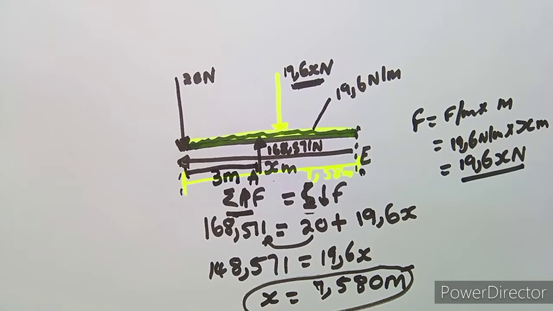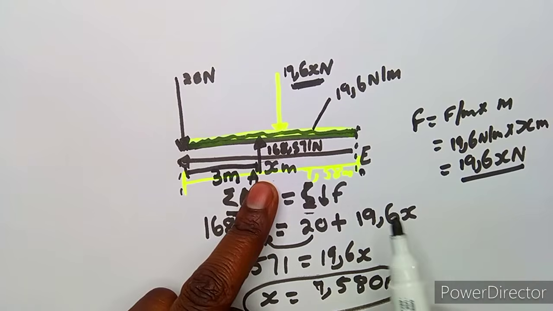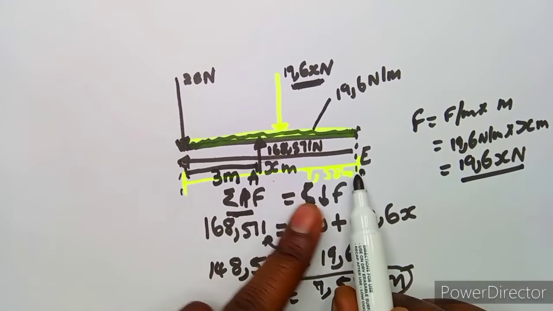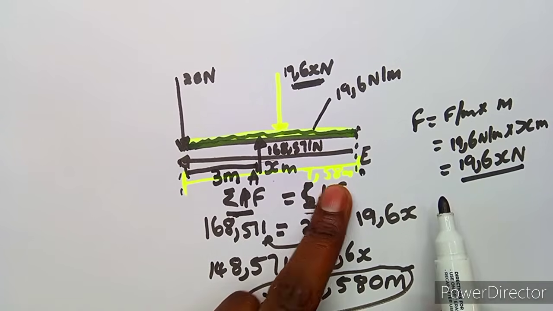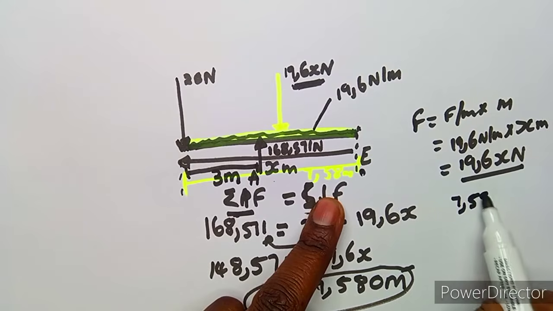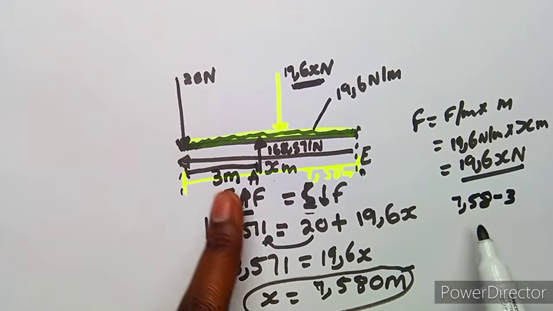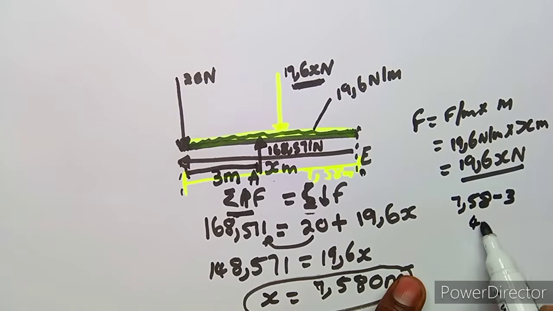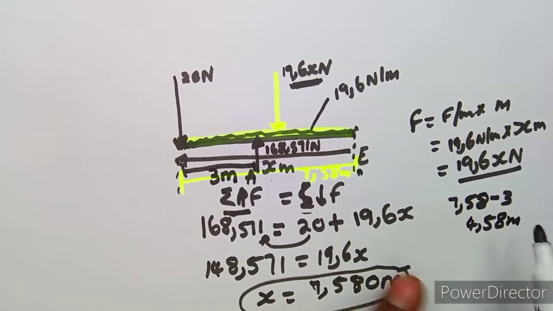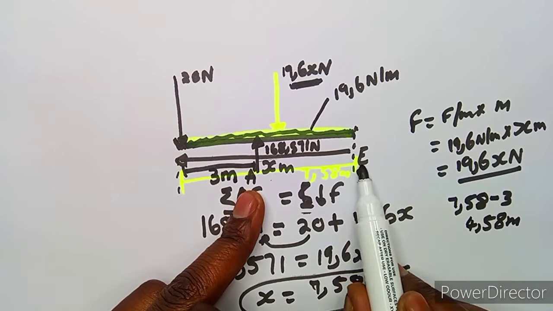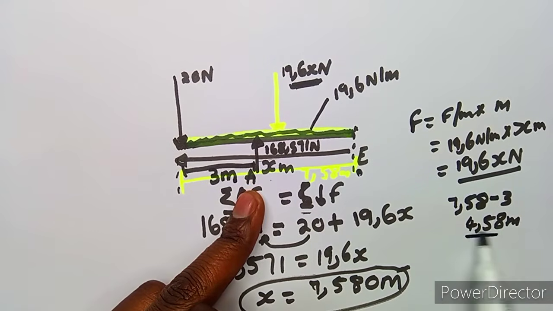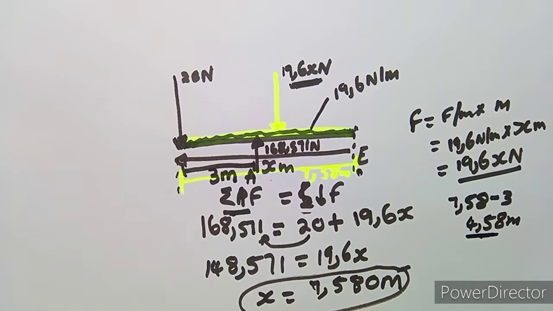So to know the distance that you're going to take now from the support A back to E here, you are going to subtract, because from this point to this point it's 7.58. So you're going to subtract 7.58 minus 3, so that you're going to remain with 4.58 meters. So now you know the distance from this support A to E there is 4.58 meters.